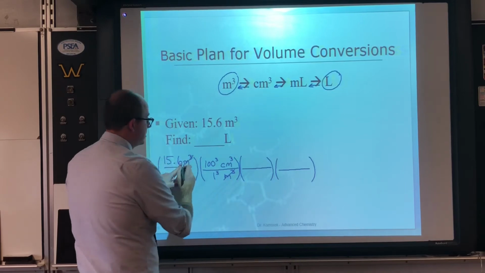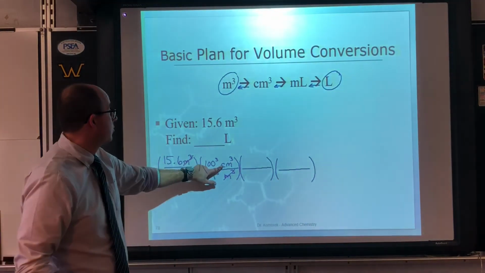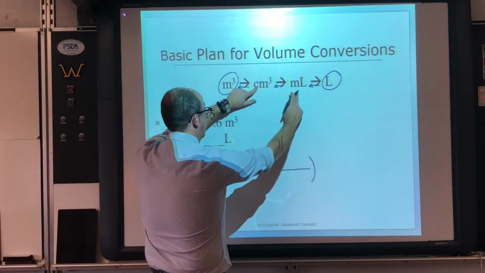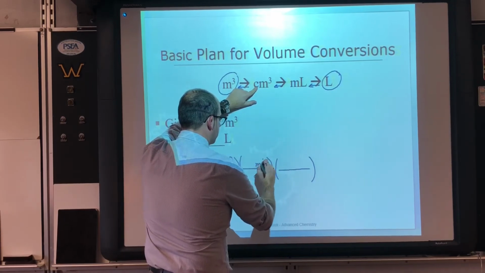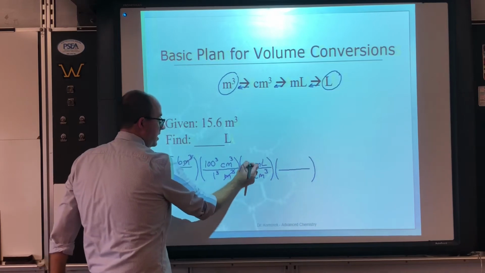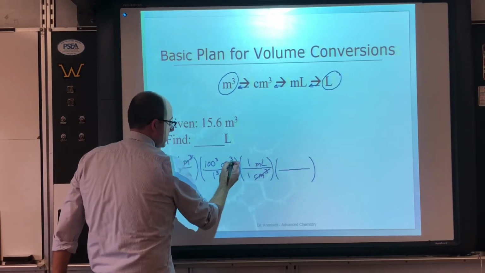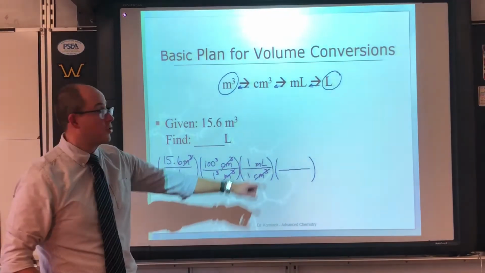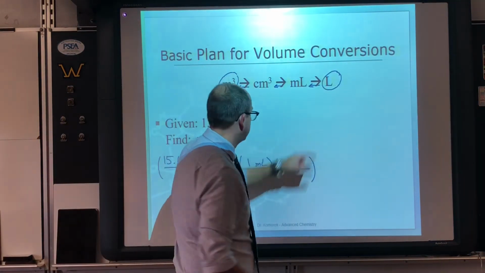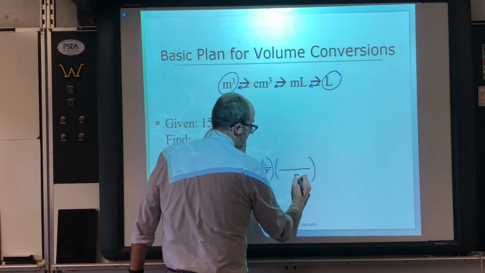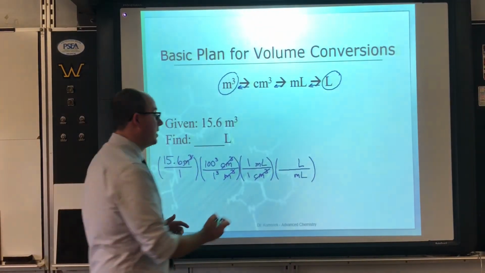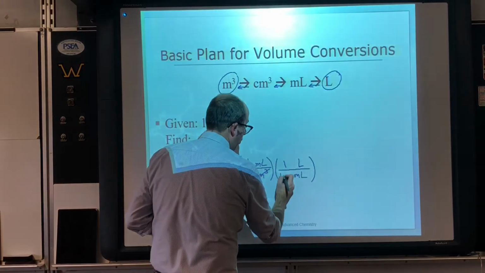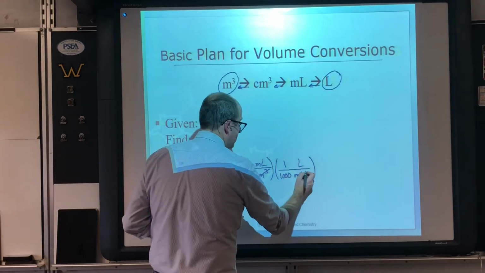Meters cubed cancels. And in your next bracket, we're getting rid of cubic centimeters, but we're going to milliliters. So cubic centimeters on the bottom, milliliters up top. 1 cubic centimeter is 1 milliliter. Cubic centimeters cancel. And in your last step, milliliters goes to liter. Milliliters on the bottom to cancel, liter up top. We can write this as 1 liter is equal to 1,000 milliliters.